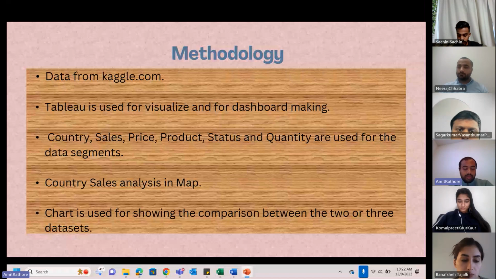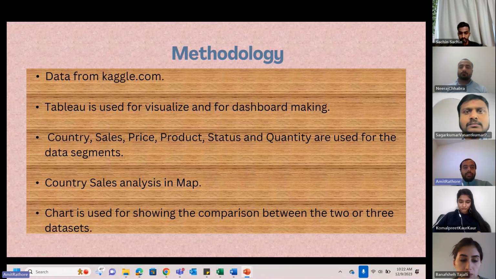First is correlation analysis, second is regression analysis, and third one is Tableau. Tableau is software we are using to analyze graphically and country-wise data mainly. And secondly, we are getting correlation analysis between sales and price, that is, how sales are impacted if prices change in different countries.